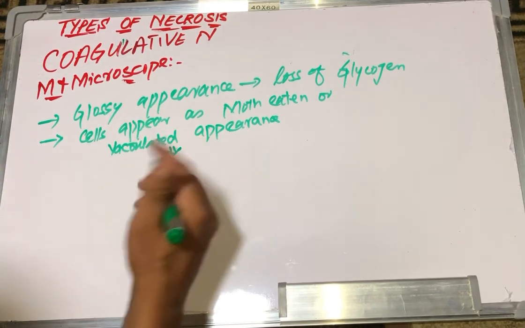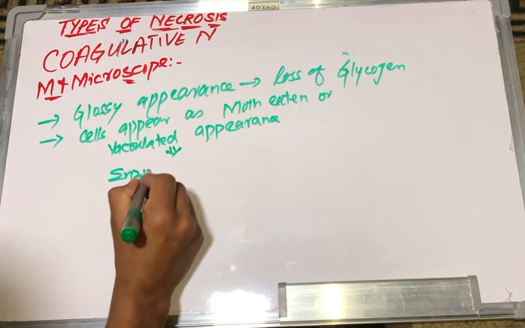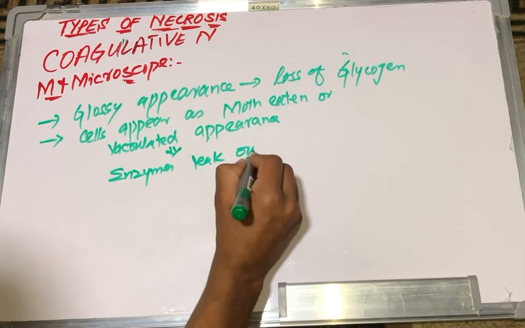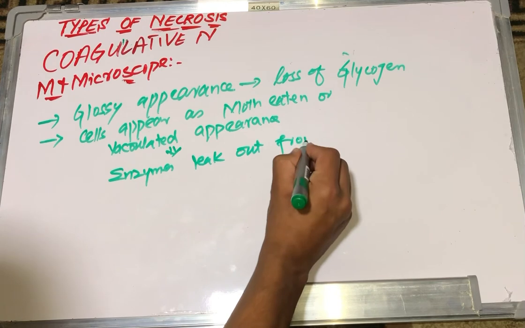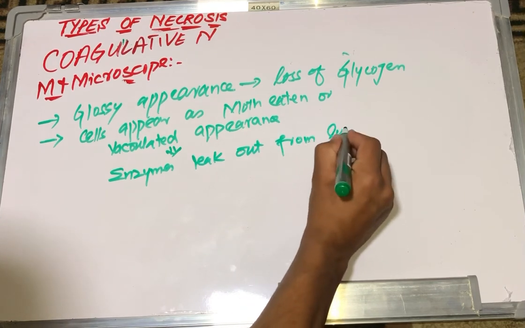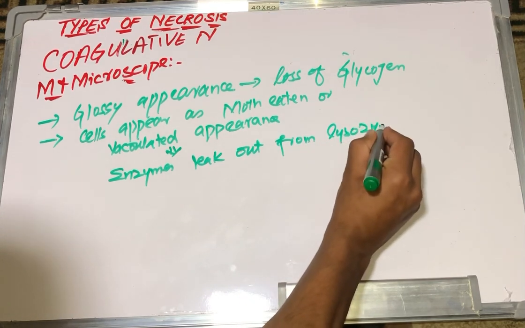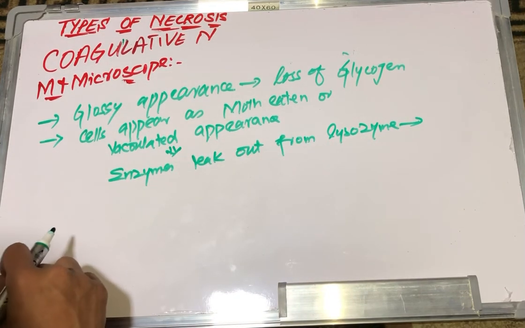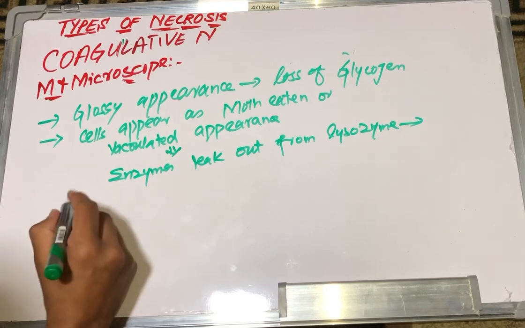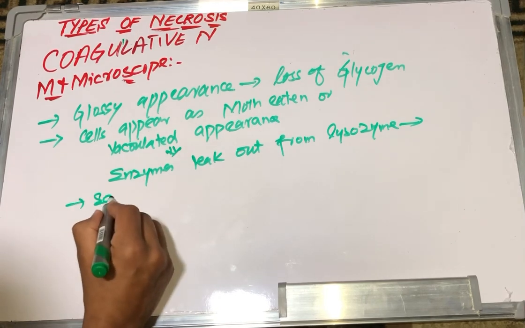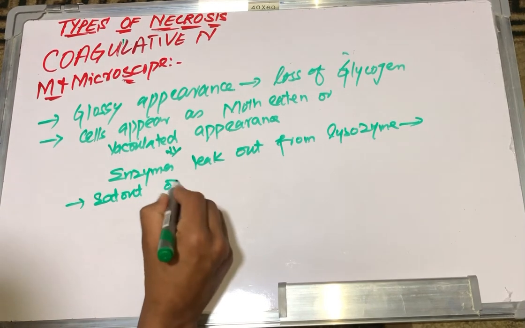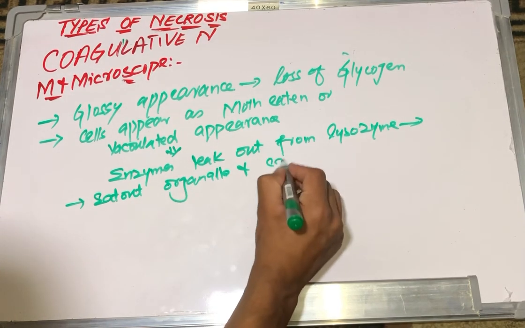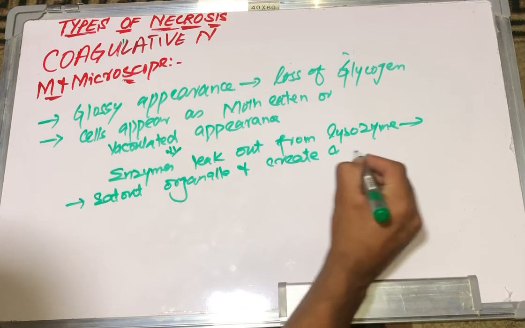As we all know, enzymes leak out from the lysosomes. When enzymes leak out from lysosomes, they eat out organelles and create vacuoles.